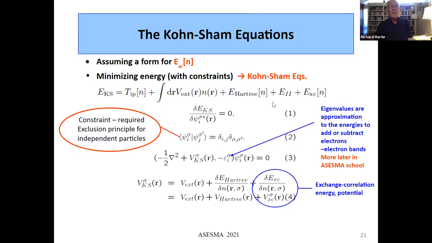In doing this variational minimization, the key thing that's involved is the density.